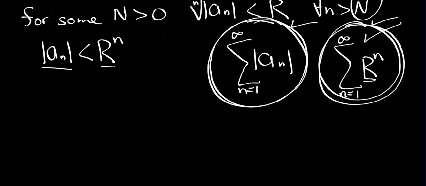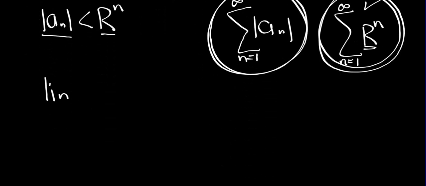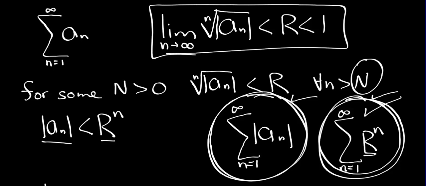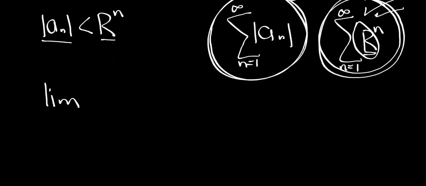Notice we had this stipulation that r is less than 1, which led us to say this is a convergent geometric series. Now, if r was bigger than 1, this would diverge, because that's the way geometric series are. If the common ratio is bigger than 1, it diverges. Less than 1, converges.